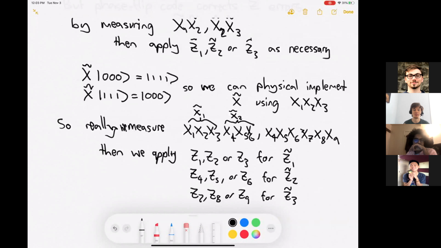Make sense? Is there a reason we only use 3? We could use 5 or 7? Yeah, so 3 is enough to protect against 1 qubit having an error. You might say we want to protect against more than 1 qubit having an error, and then you could certainly encode more.